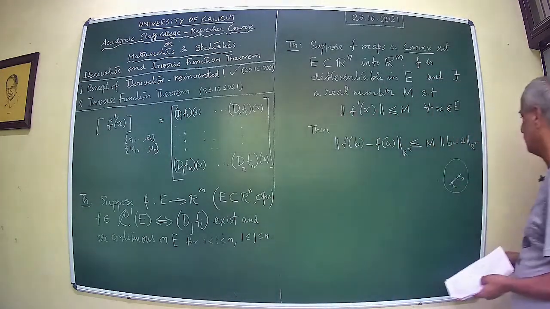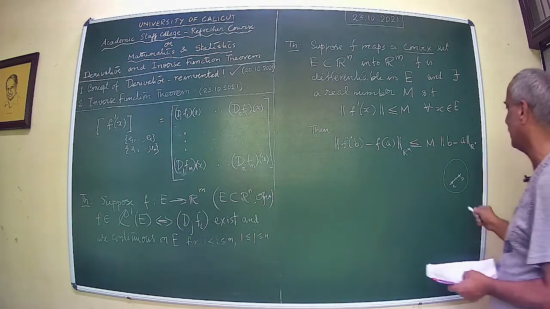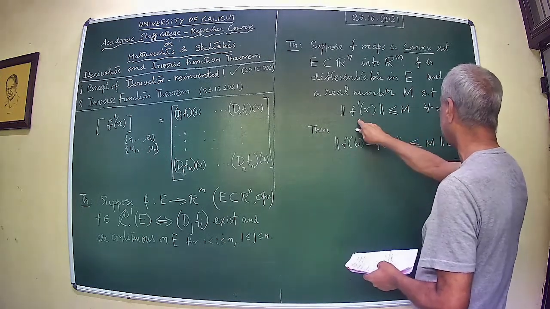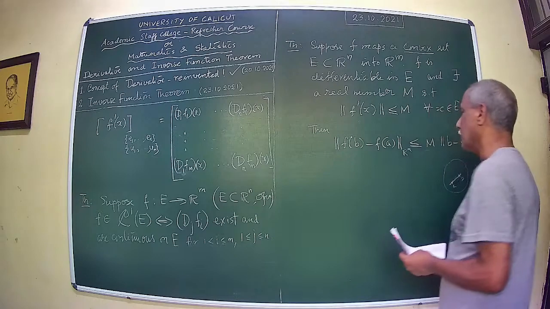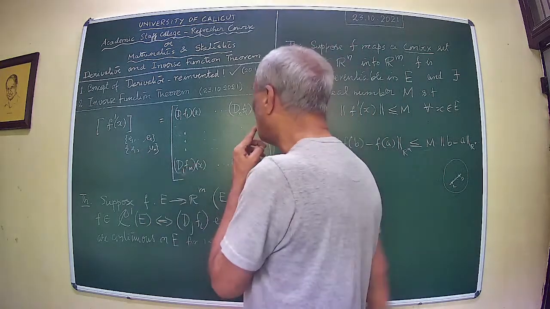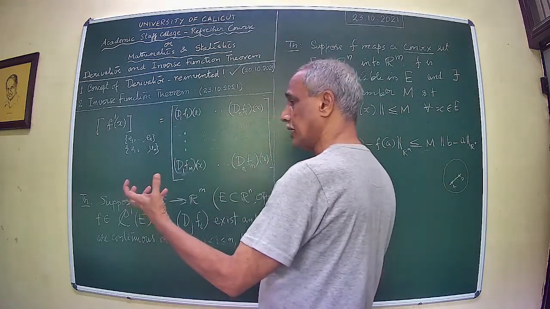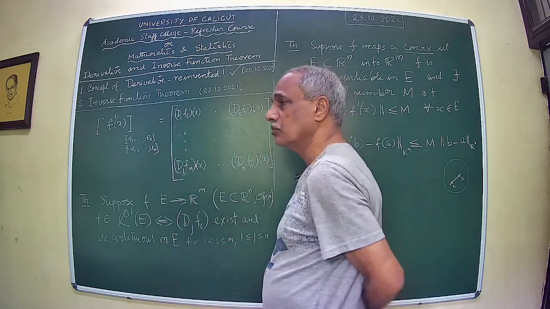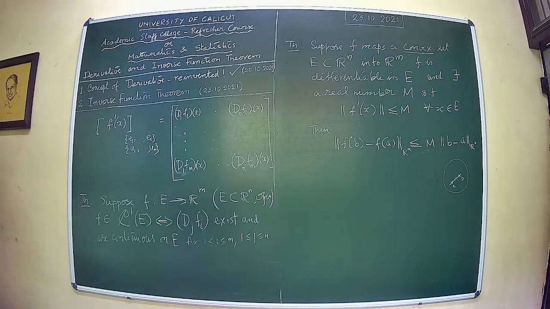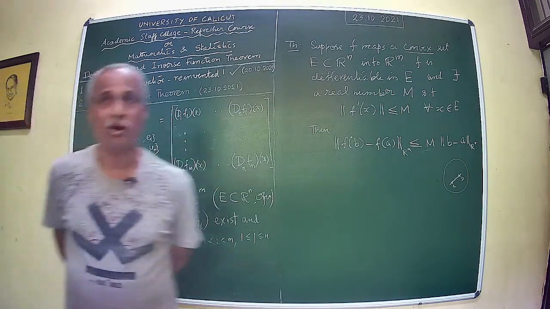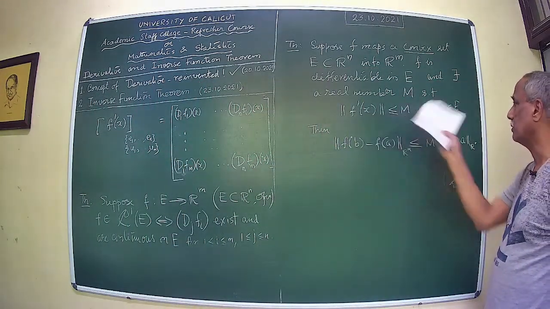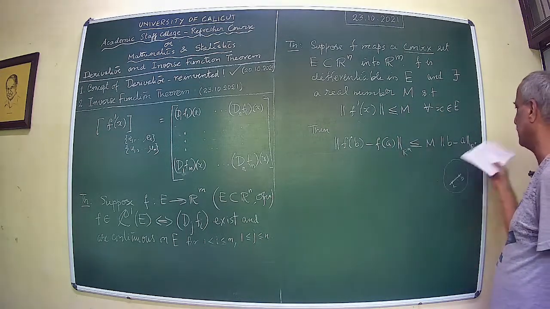But here you cannot make that statement. That's why you set the whole thing in terms of the bound for f derivative in that neighborhood. So what do you mean by f derivative? F derivative is a linear transformation. For linear transformations you can talk about the norms because it's a linear transformation from Rn to Rm. So you have the concept of the norm of this linear transformation, and that is what you write here is bounded by M. If that is so, then this is what you get.